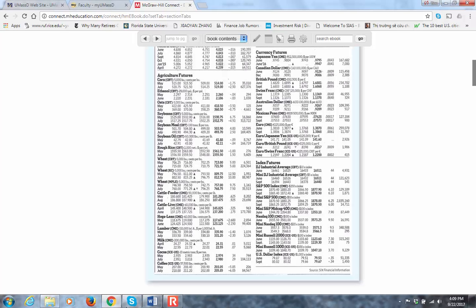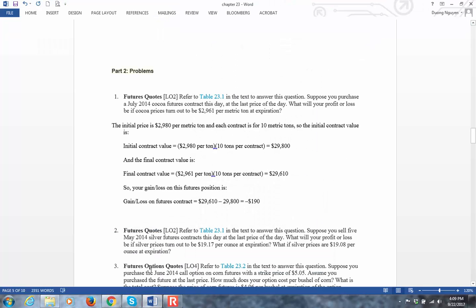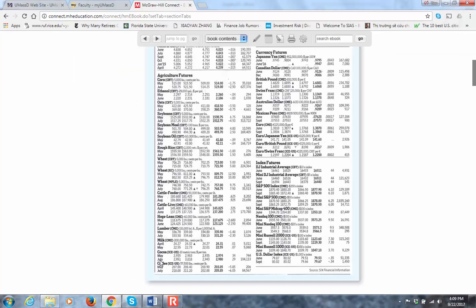You can see that this is the July contract, and in the July contract the closing price is 29.80 dollars per ton.